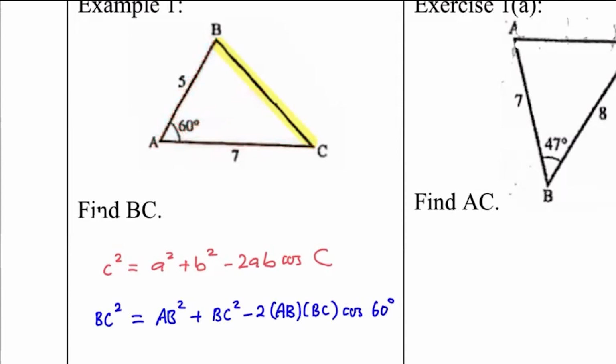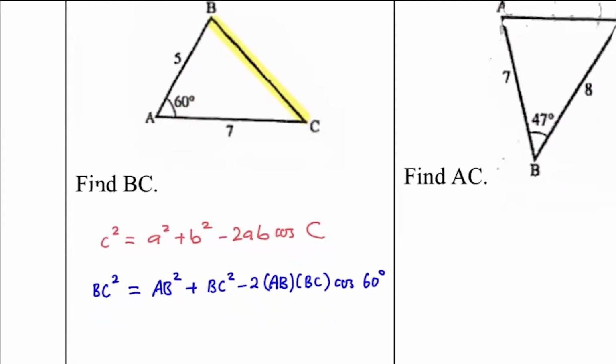Always the same. Then you can substitute what you have. BC square equals AB square, 5 square, plus AC, 7 square, then you press everything into your calculator.